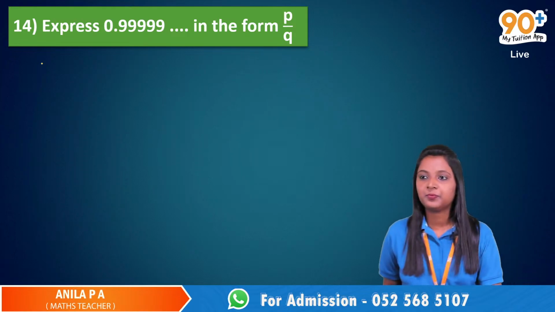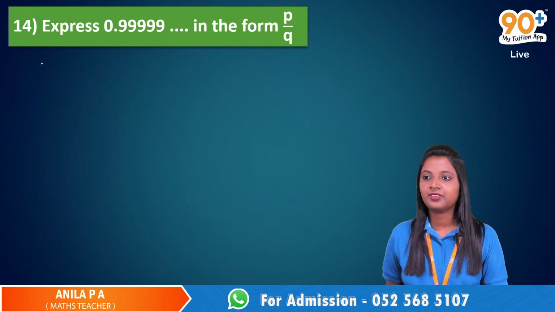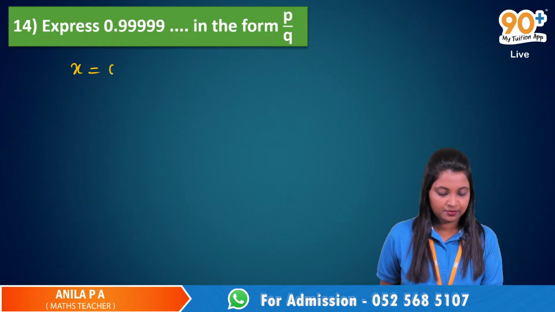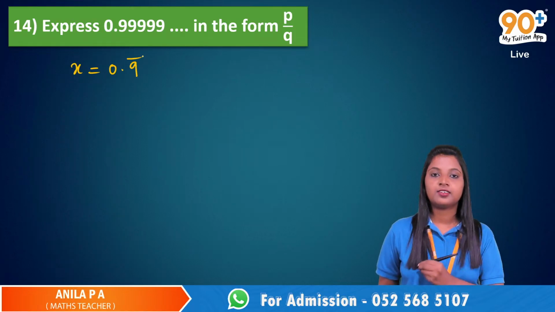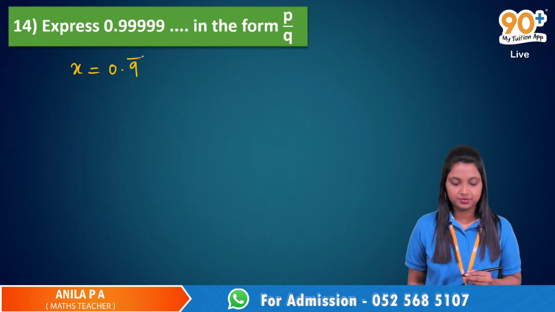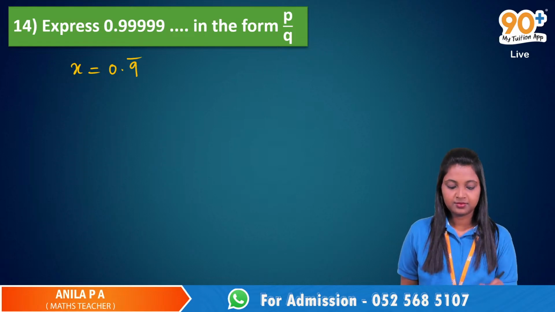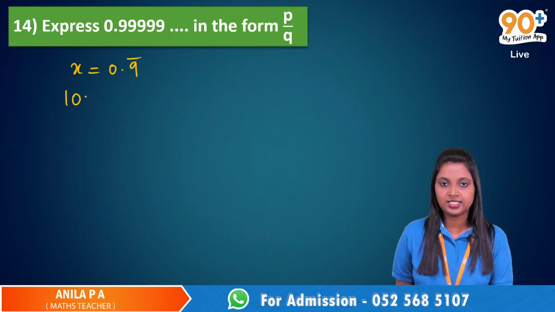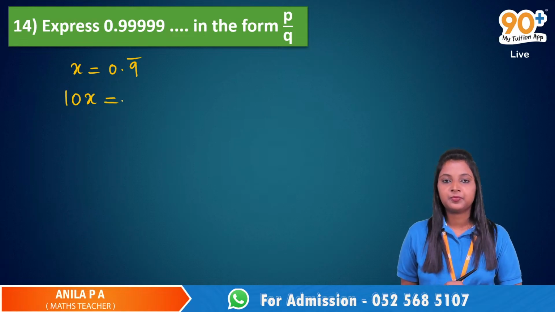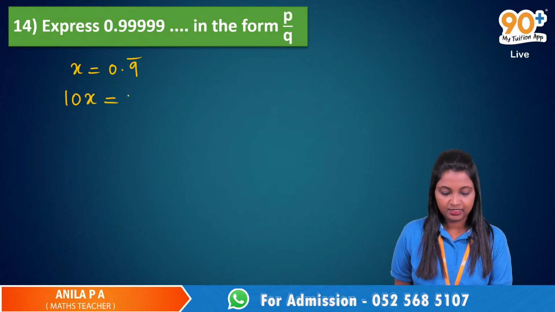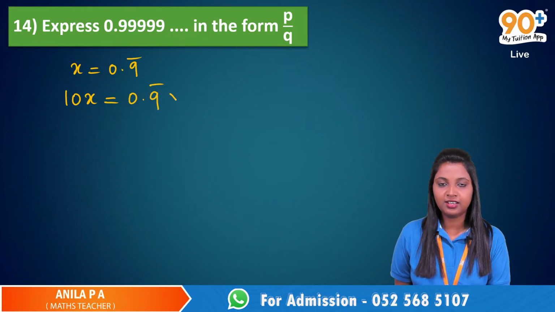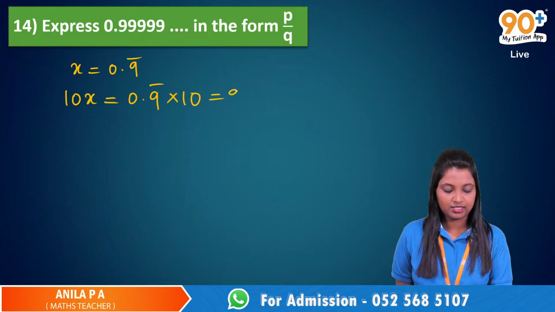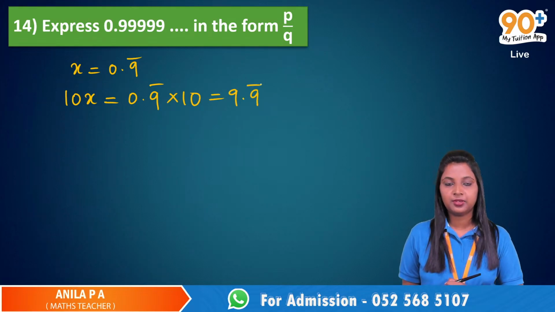We consider x as 0.9 bar. Now, as only one number is repeating itself, we write 10x. 10x is equal to 0.9 bar into 10. After multiplying, we get 9.9 bar.